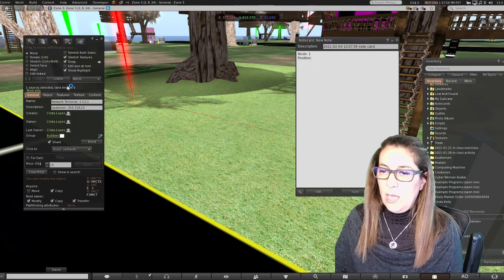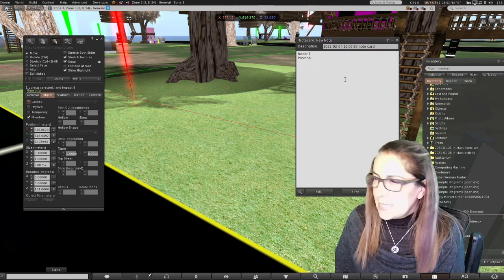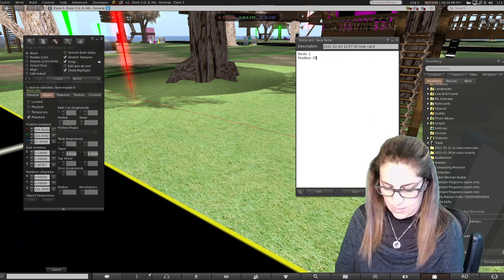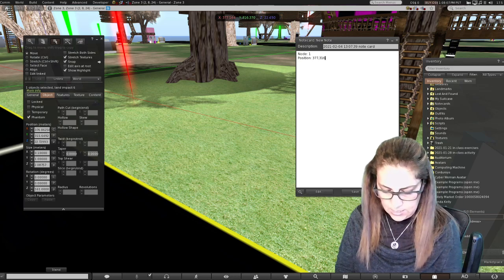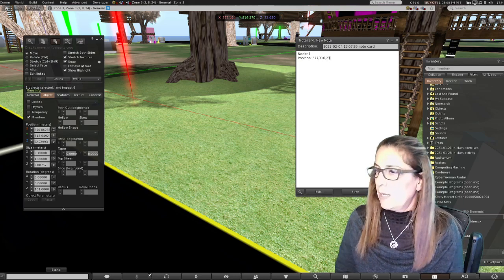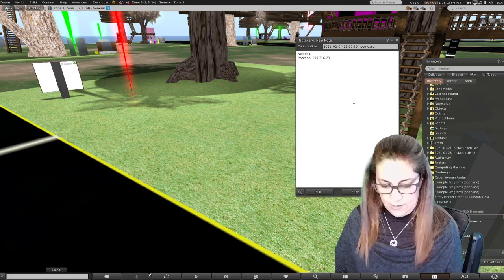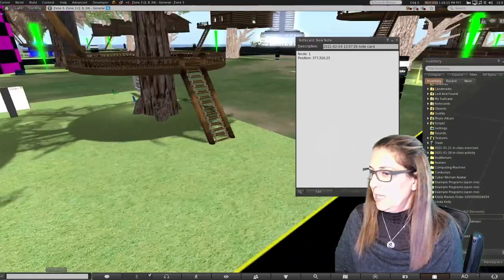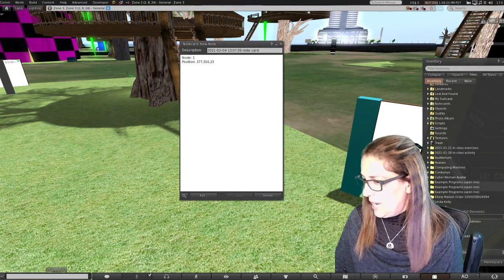So let me go there, and this is where, 377, 316, 23. All right, that's the position of that guy over there. So I save it, and now I go here and just drag it here.